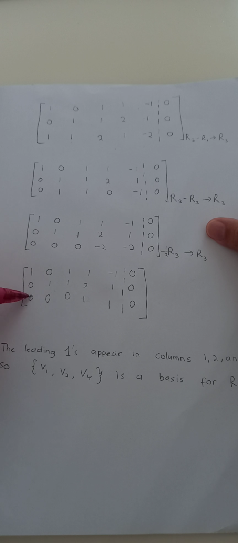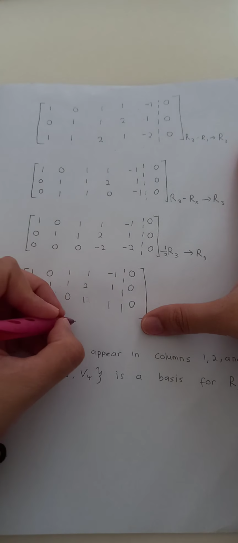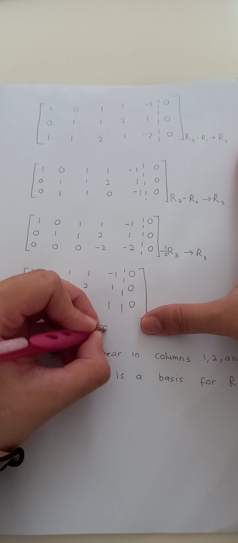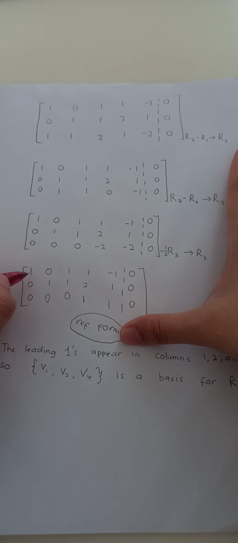Look at the last form I got. This is a kind of REF form. Why is this REF form? Because of the leading one. For this column, everything other than the leading one is 0.